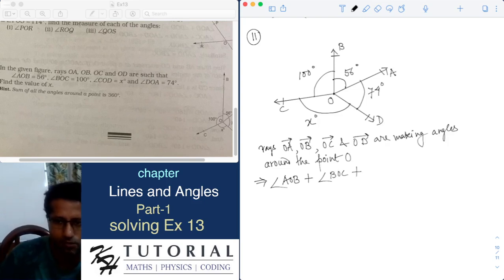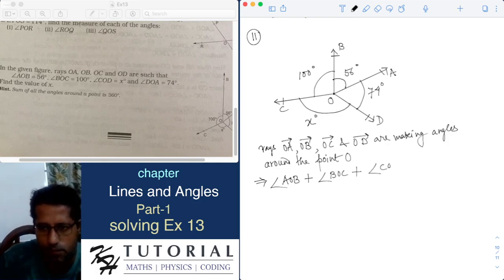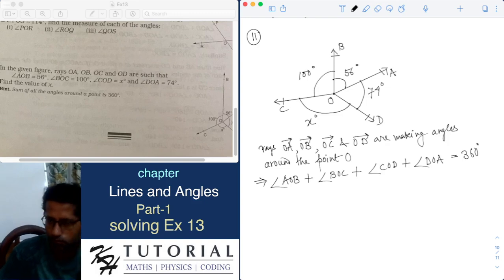These are all the angles that have been formed around the point O. Angle COD plus angle DOA, the sum of all angles around the point O is 360 degrees. So we have this.